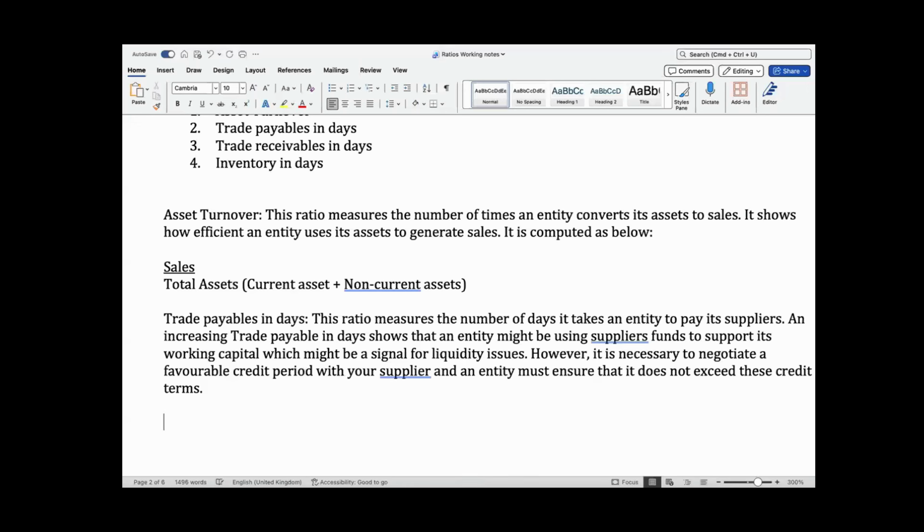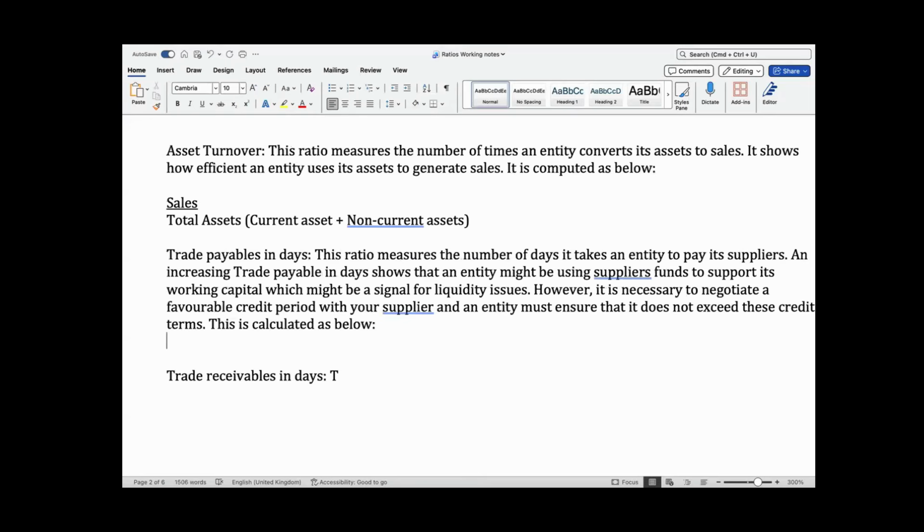Yeah. The next one is trade receivables in days. Sorry, still talking about trade payables in days.